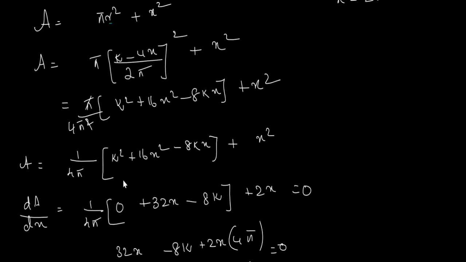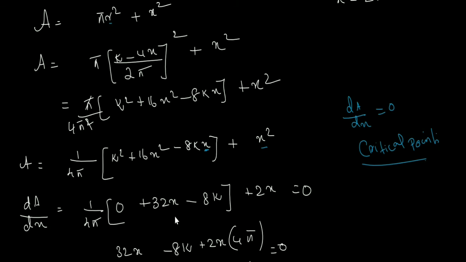Now differentiate the function. We have only expanded it. Differentiation is 1 by 4 pi; differentiation of k square is 0; 16x square gives 32x; minus 8k; differentiation of x is 1; x square gives 2x. For maximum or minimum, you have to find the critical point, so set dA by dx equal to 0.